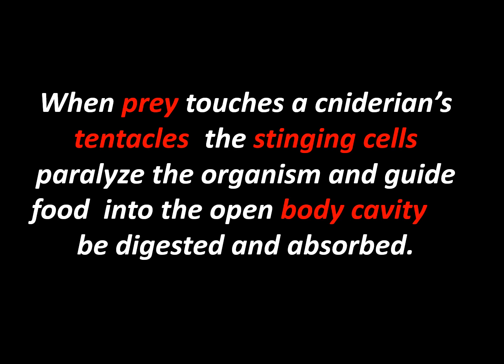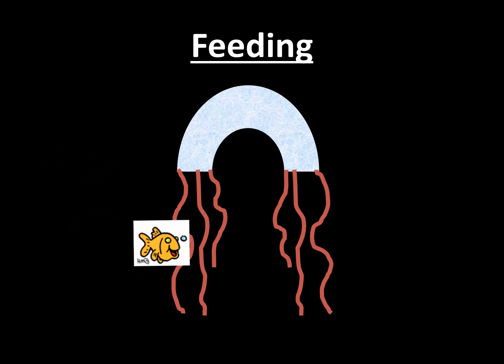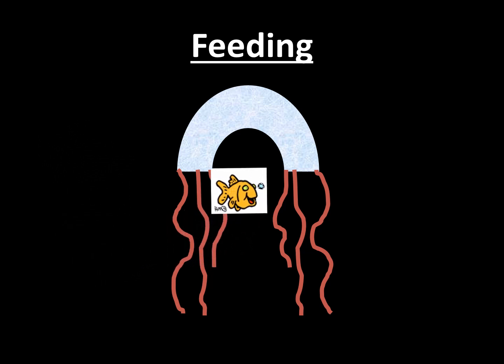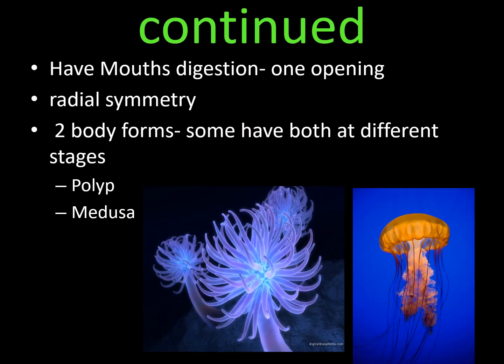Remember, I told you they have a mouth, that open mouth area, to be digested and absorbed. So again, the fish touches it, those tentacles paralyze him and bring him into that mouth cavity. There the fish is absorbed and fed on.